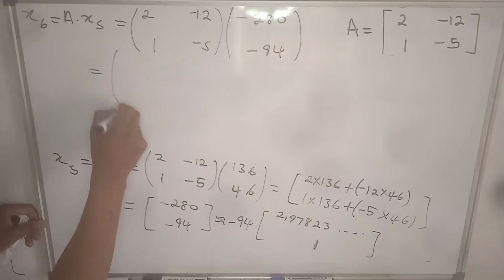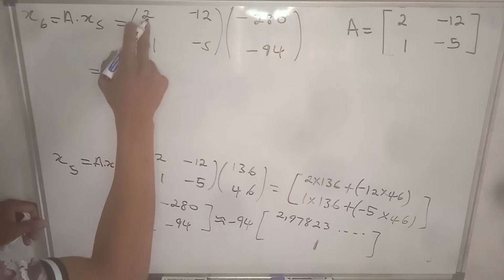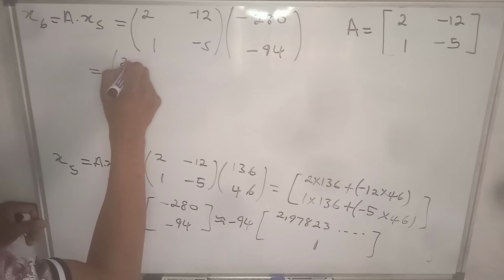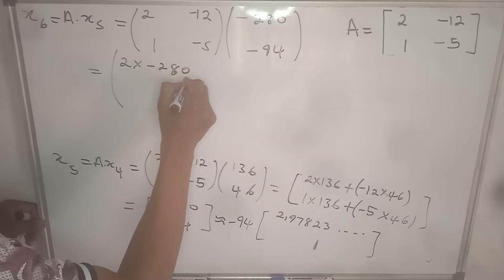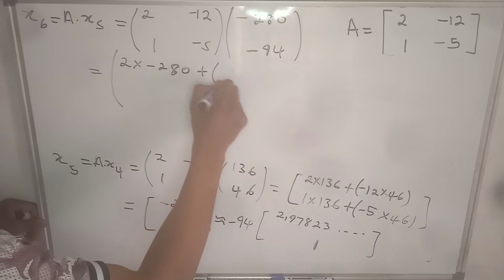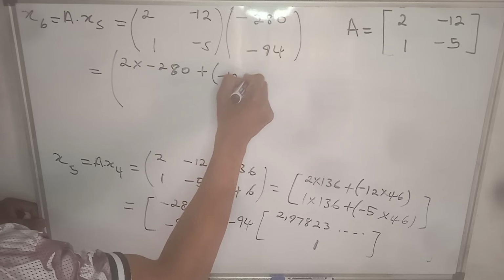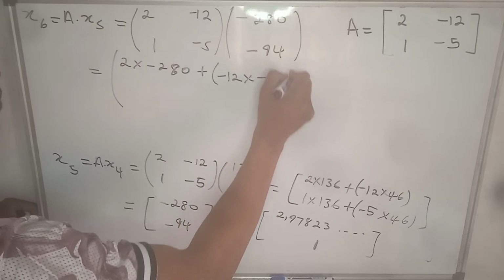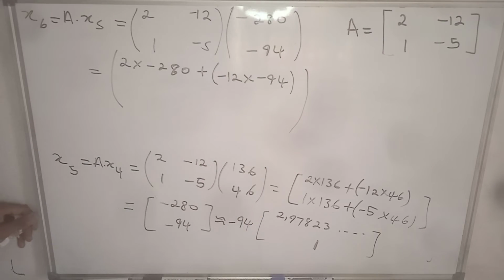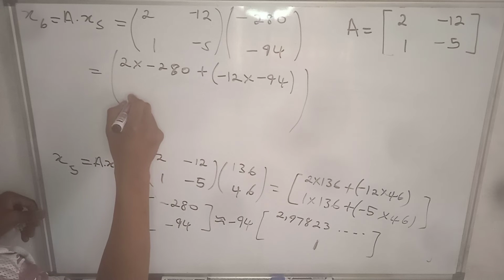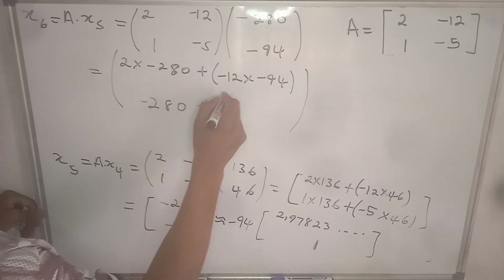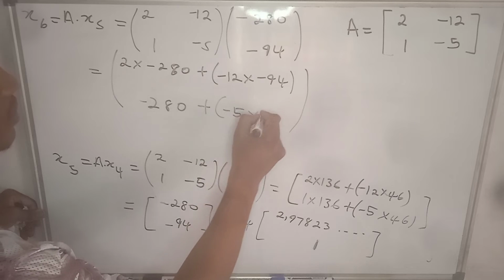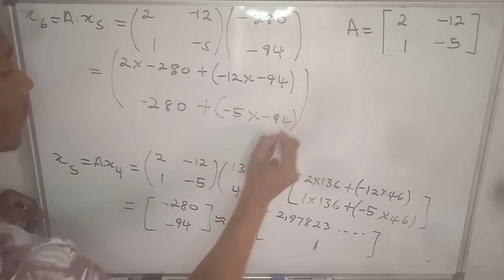So by expanding this, it will be 2 times minus 280 plus minus 12 times minus 94. 1 times minus 280, which is minus 280, plus minus 5 times minus 94.